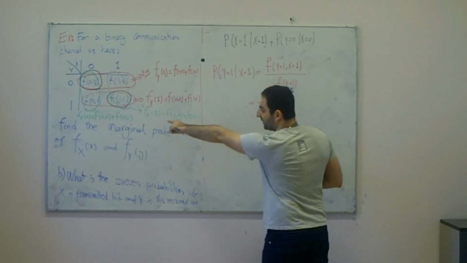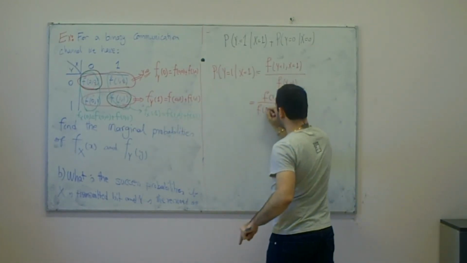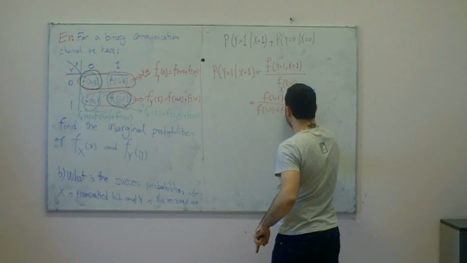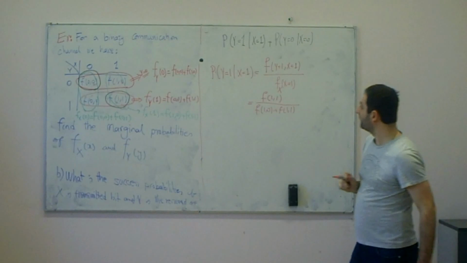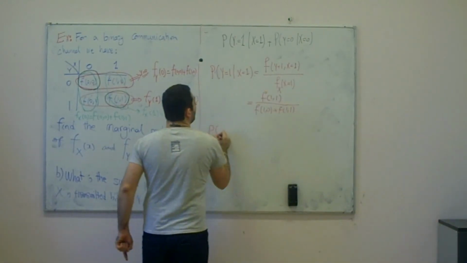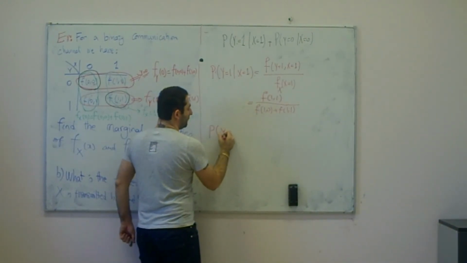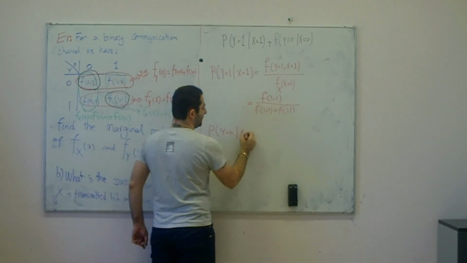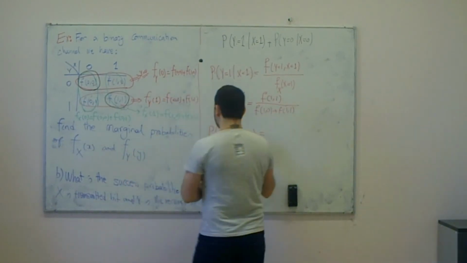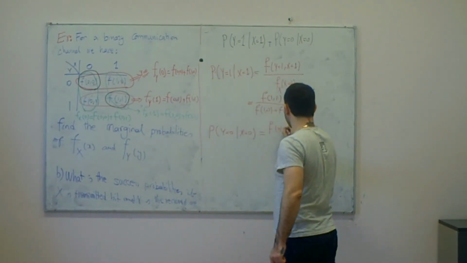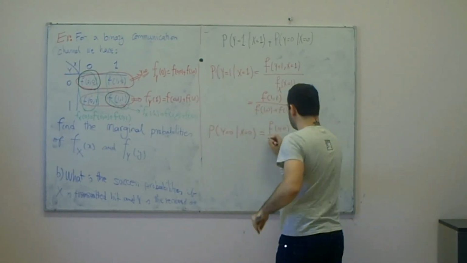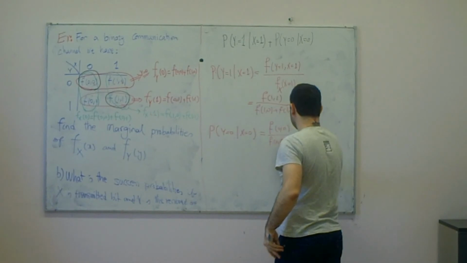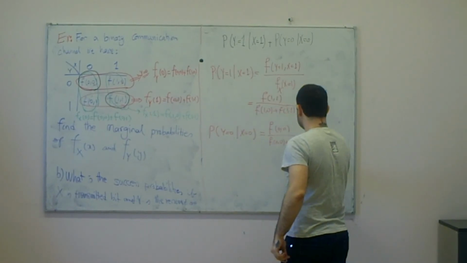I just calculated it: f10 plus f11. What is the probability of y is 0 given x is 0? It is f00 divided by fx0, which is f00 plus f01.